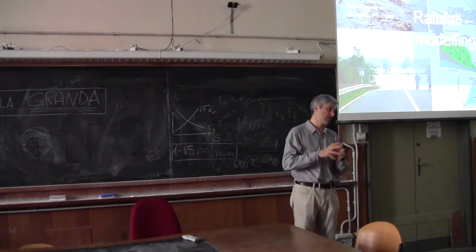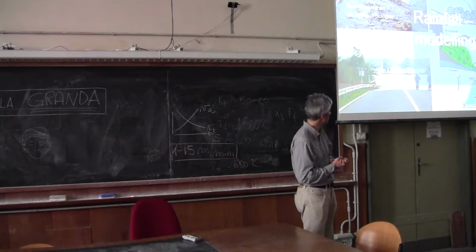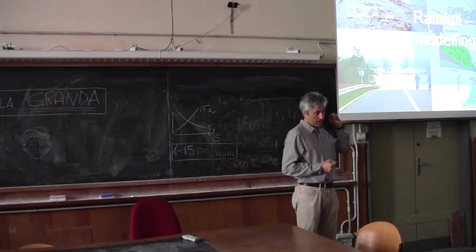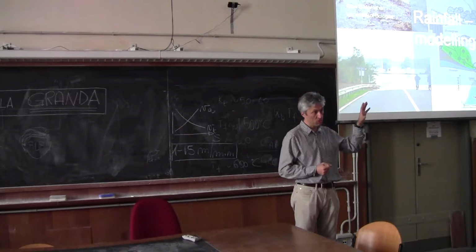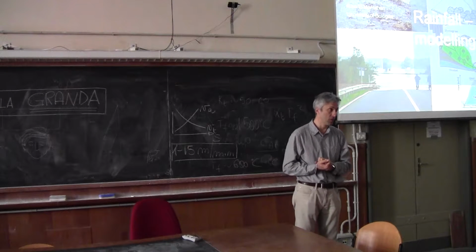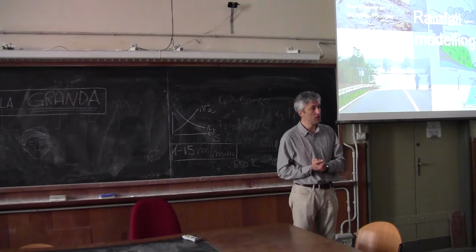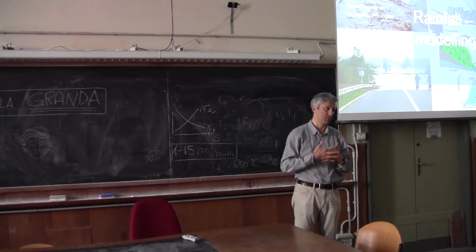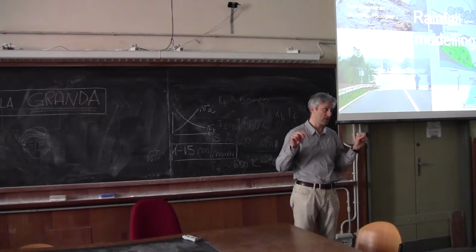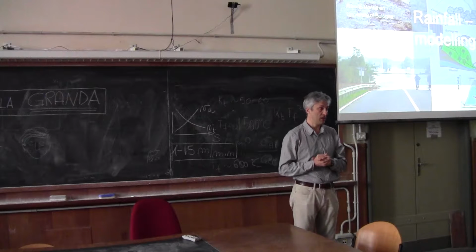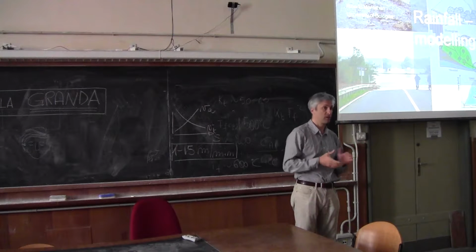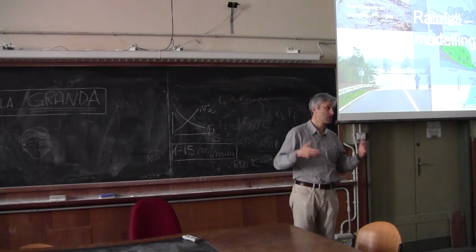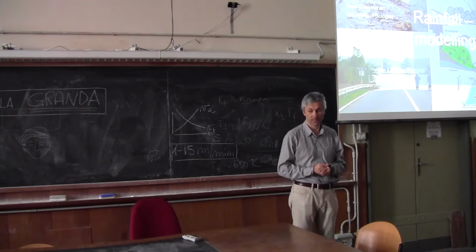I remind you, rainfall runoff models are mathematical models that allow us to express, to compute, to estimate the river flow depending on input data, including rainfall, which is in many applications the most important one, and for this reason they are called rainfall runoff models. Input data may include also other variables like temperature and water storage in the catchment, etc.